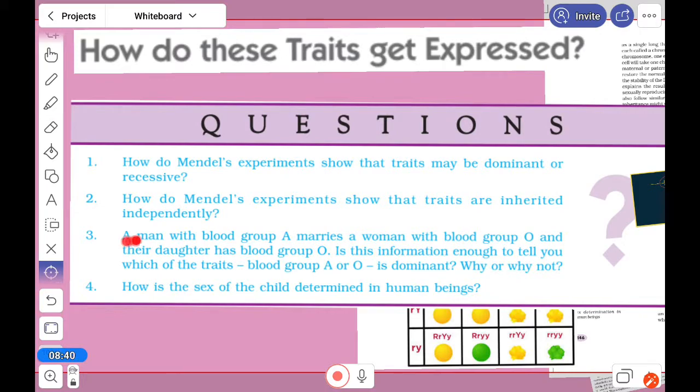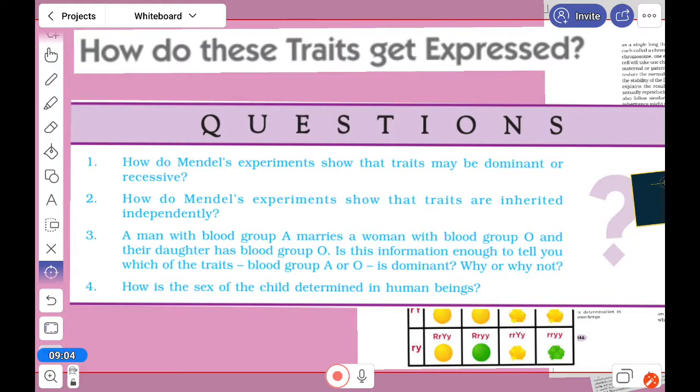Come to the third question. A man with blood group A marries a woman with blood group O, and the daughter has blood group O. Is this information enough to tell you which trait, blood group A or O, is dominant? Why or why not?